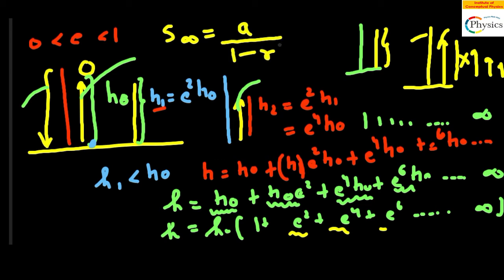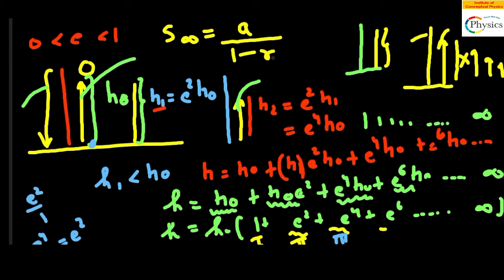The common ratio is the succeeding term divided by the previous term. If you pick up any two, for example the second and first, your ratio comes out to be e² by 1. If you pick up the third and second, your ratio comes out to be e⁴ by e², which is e².